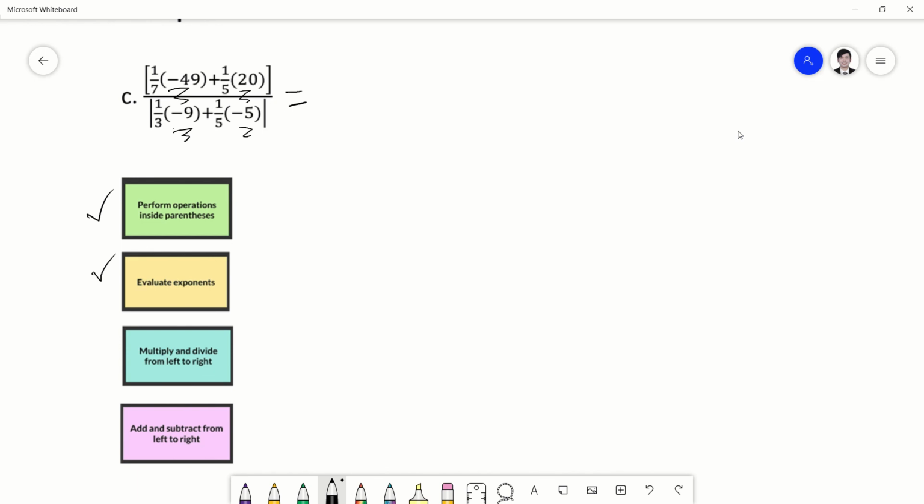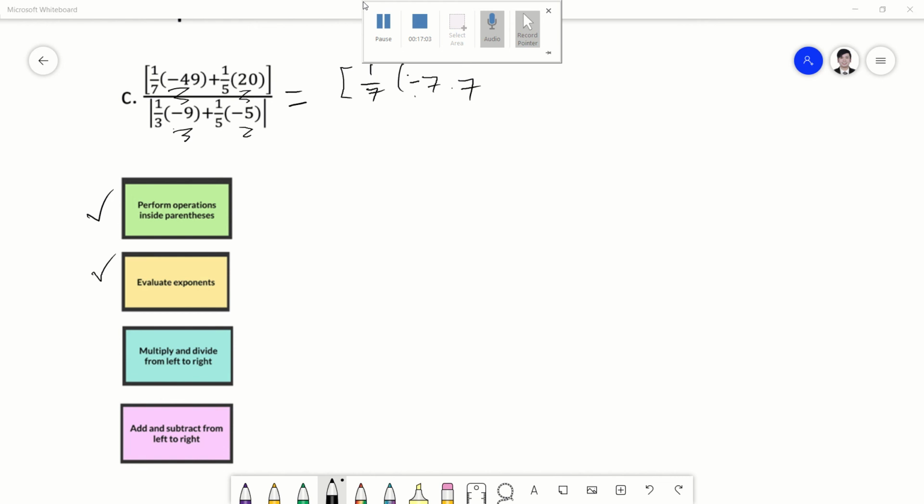So in the numerator, you have 1 over 7 times negative 4 ninths, negative 49. We can actually rewrite negative 49 as negative 7 times 7. Okay, just to make sure that you're not confused about this, I'll erase this for the meantime.